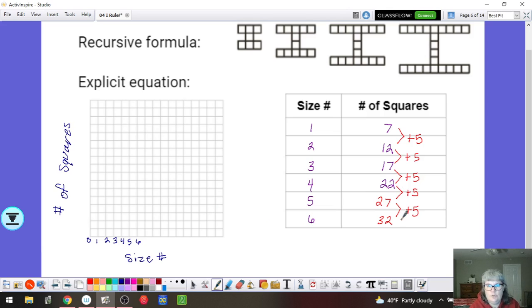And I need to be able to plot up to 32. So I am going to go with a scale of, I'm just going to go by 5s. So I'm going to mark every 10.